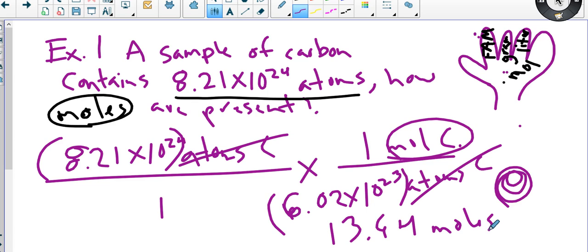In your calculator, did you use parentheses? Yes. So parentheses 8.21 times 10 to the 24th, close parentheses, divided by parentheses 6.02 times 10 to the 23rd. If you did that, who did get this? You probably put in your calculator wrong. Do it again. Okay? So take a second if you need to do this one again.